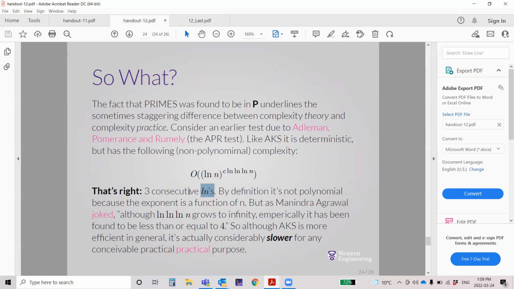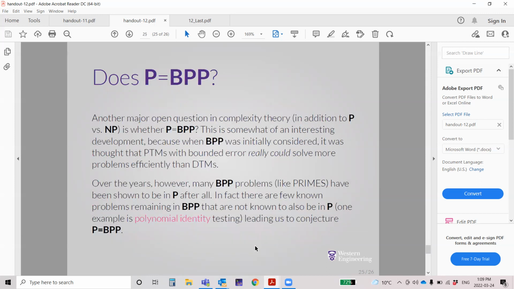By definition, it is not polynomial because its exponent is a function of n. So those are slower to run, but they are practical solutions, and we can achieve our purpose based on them.